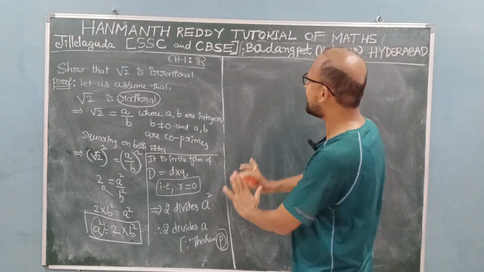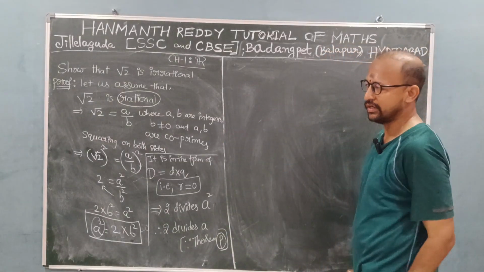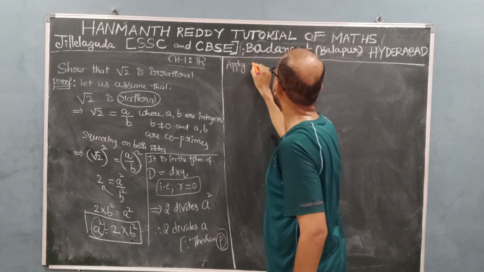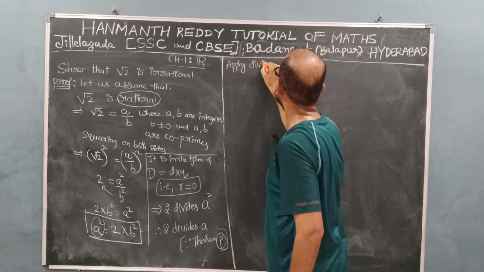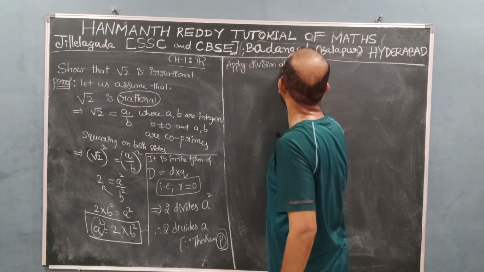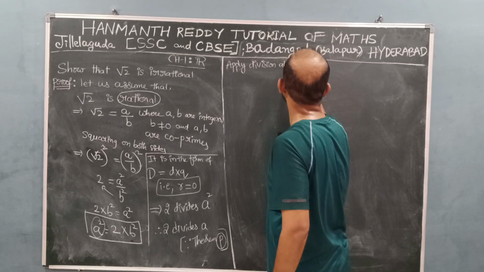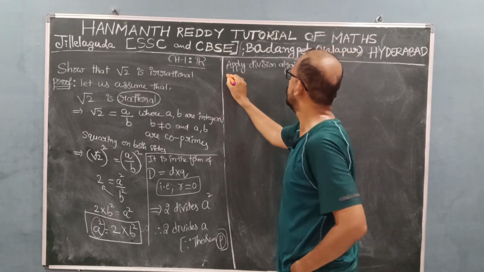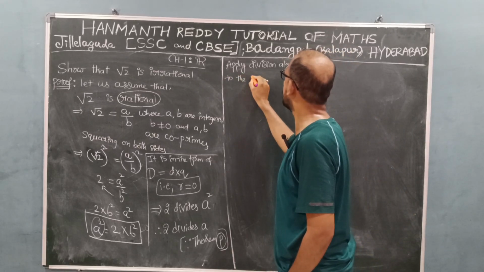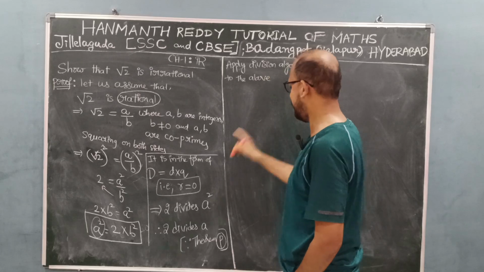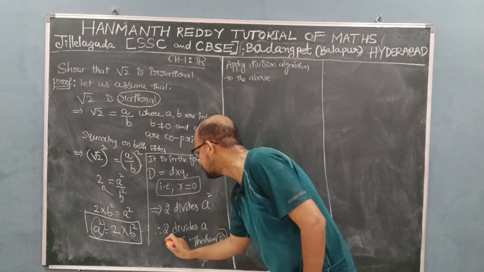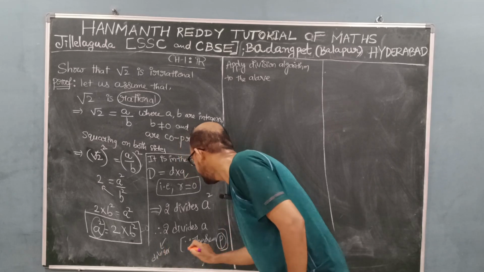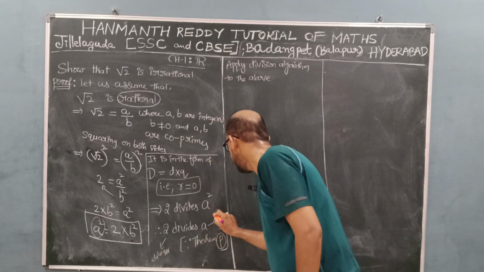To understand, I am writing this; don't write these statements here. Apply division algorithm to the above statement. Here 2 is the divisor, a is the dividend. Remember capital D, dividend.